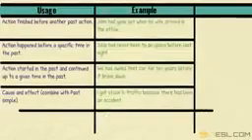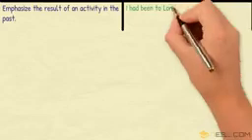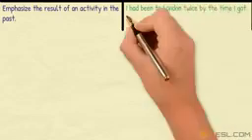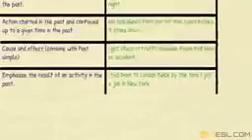I got stuck in traffic because there had been an accident. Emphasize the result of an activity in the past. I had been to London twice by the time I got a job in New York.